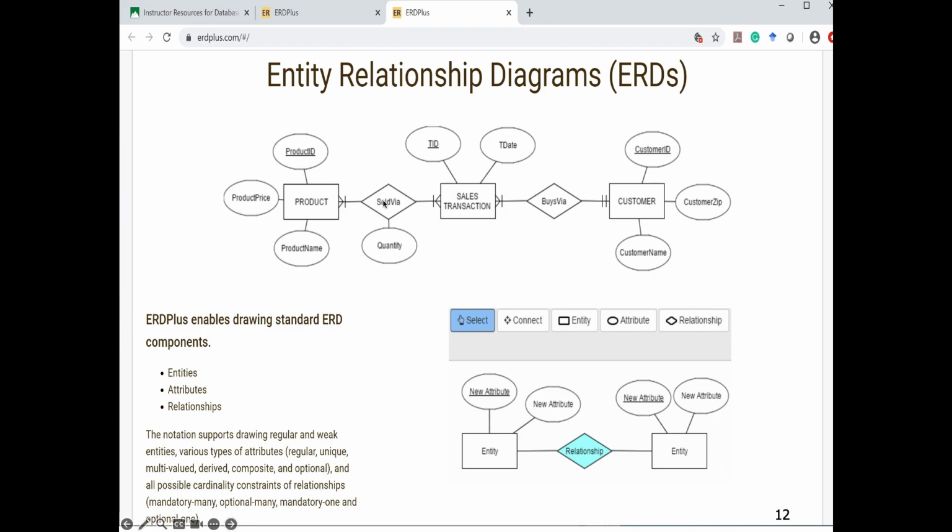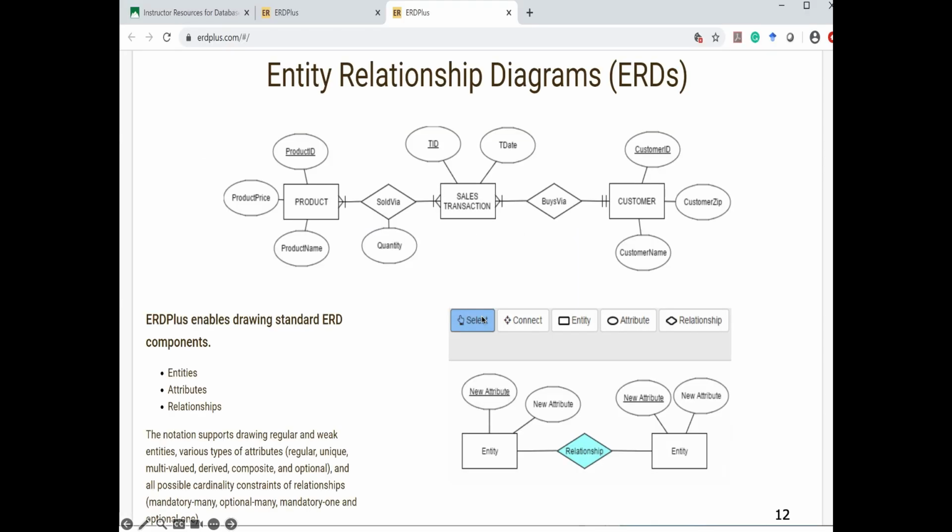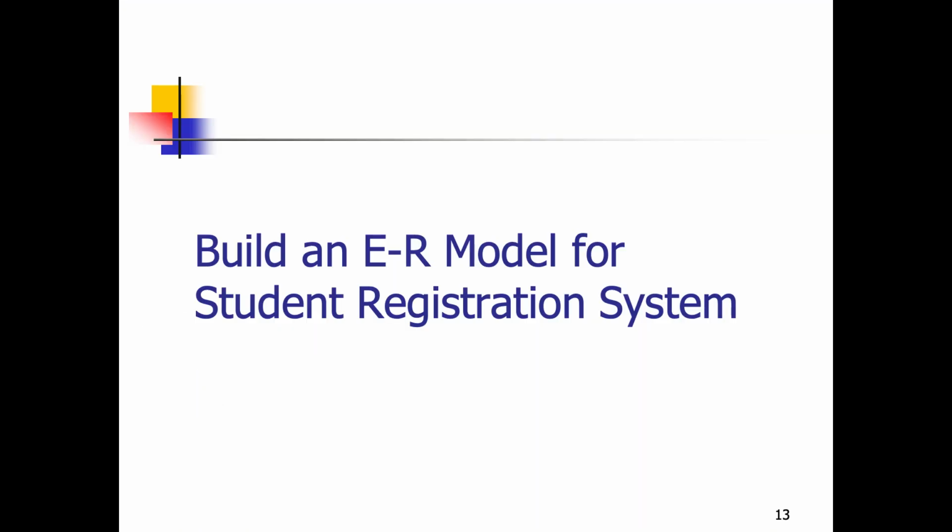And then you have a relationship with the diamond. So here it shows you the buttons in ERD Plus that you can work with. For example, you have select, entity, attribute. If you want to create a new entity, you just click on entity, and then there is a window on the right where you can write the entity name, etc. And we are going to practice this together today.